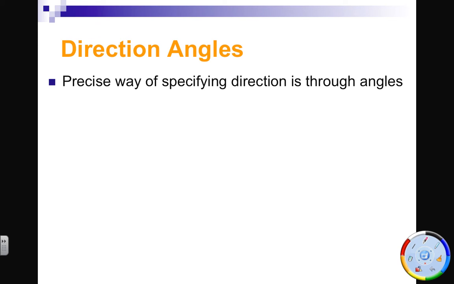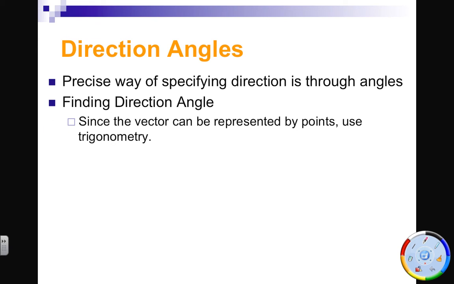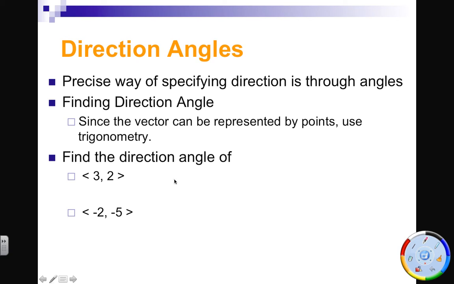So I told you don't forget your trigonometry, because we're going to need it. So we need to figure out a direction angle, and since we can use points, we can use trigonometry. If I had the point (3, 2) out here, this vector, I want to find this theta.